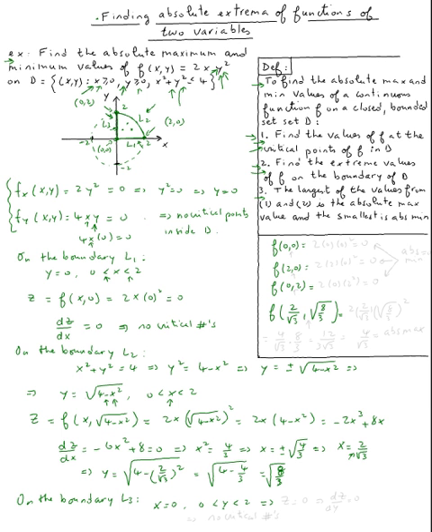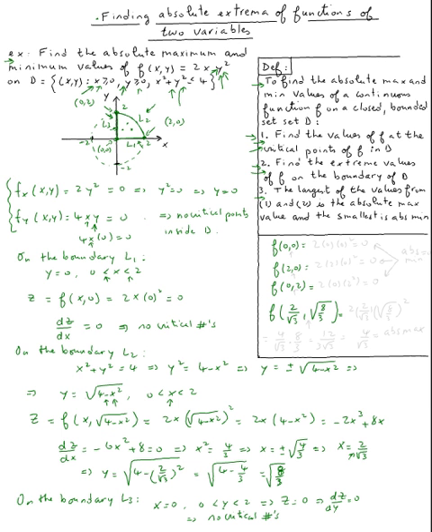This means that z will be equal to what? If we plug a 0 there, we'll get z equals 0. Now dz/dy is equal to 0, which means no critical numbers. So we're done now. All we need to do is plug in all those points.